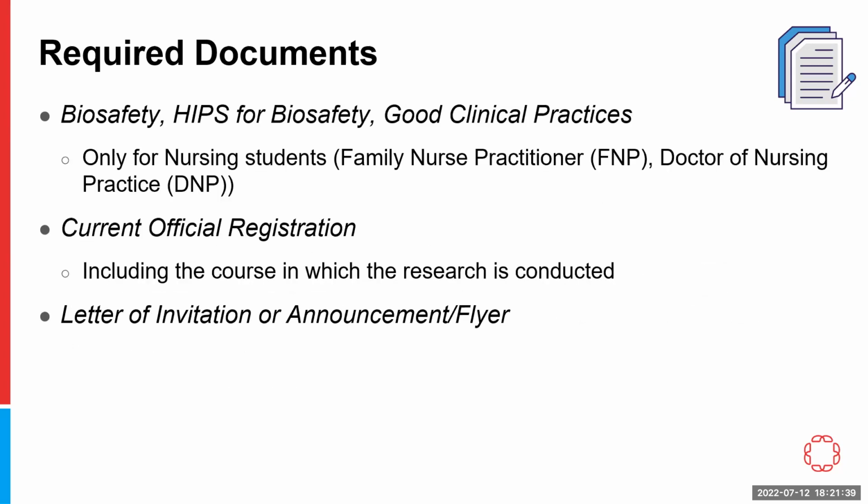Now, for nursing students, specifically FNP and DNP, they need also to upload the HIPS for biosafety and the good clinical practices certifications. Current official registration, including the course in which the research is conducted.